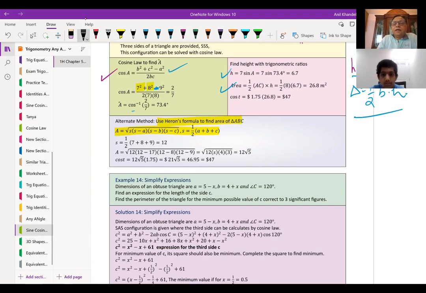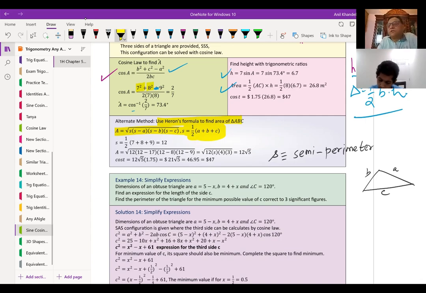Here, S is called semi-perimeter. So you're given any triangle, let us say given three sides. Let's call these sides A, B, and C. In that case, semi-perimeter as shown here is half of A plus B plus C, right? So in this case, 7, 8, 9 was given to us as the sides. We add them, divide by 2, and we get a value 12.